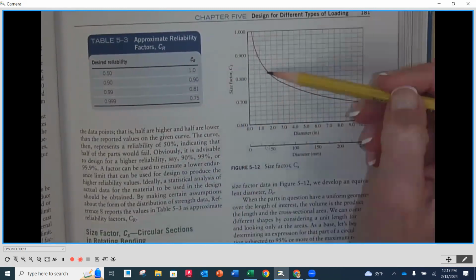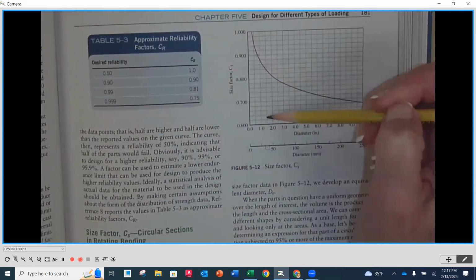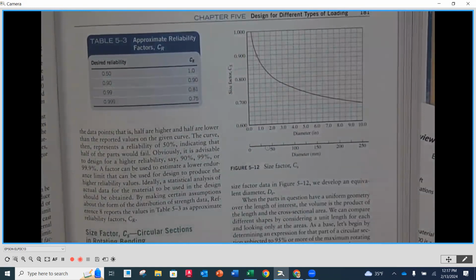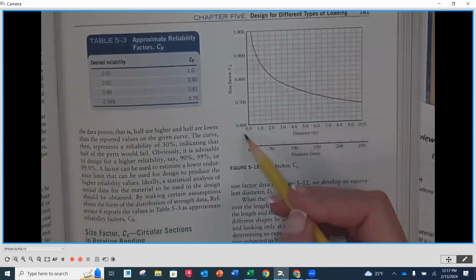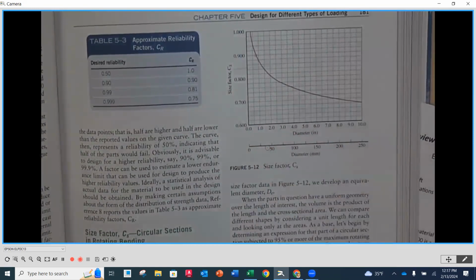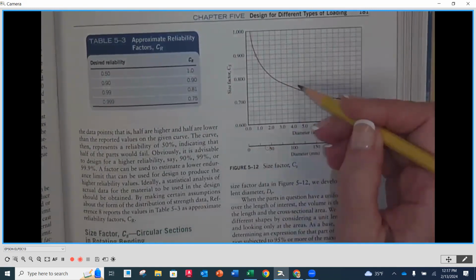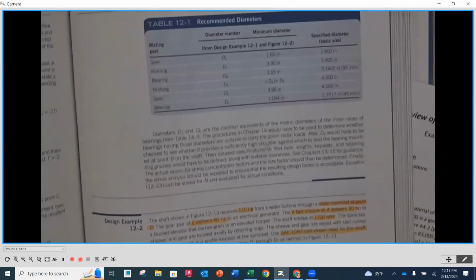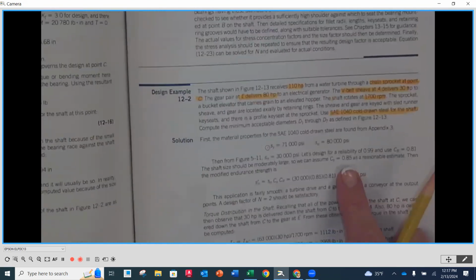So right between here and here, over and down. They're expecting their diameters to be between 1 and 2 inches. Again, as you gain experience, or as you're working someplace, you would probably have an idea of where you would expect things to land. And then you would go up and over for that CS factor. So we'll use what they chose, which is the 0.85.